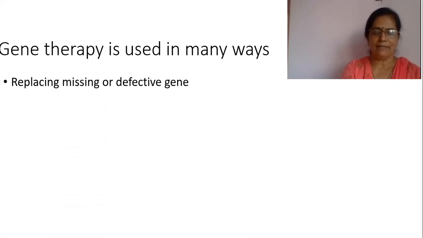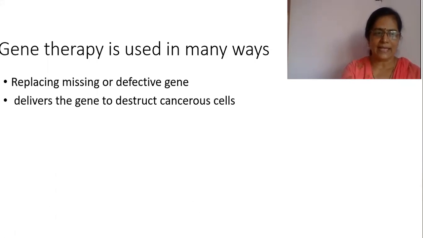That is, the gene is delivered to replace a missing or defective gene. Whenever there is a defect in a gene, we can deliver a gene for that defective gene. As well as, we can deliver the gene to destroy cancerous cells.